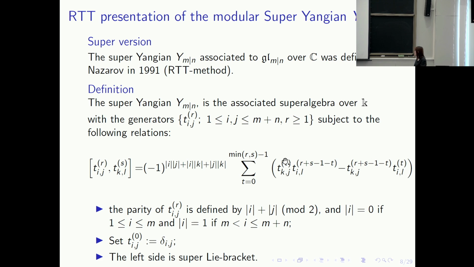Here, the parity of each generator t_ij^(r) is given by the sum of the parity of i and j. Notice that the left side in these relations is a super bracket.